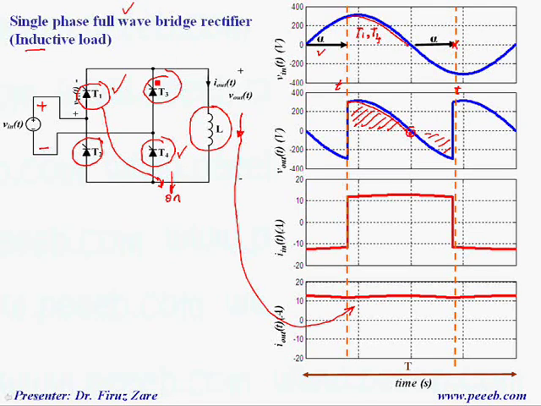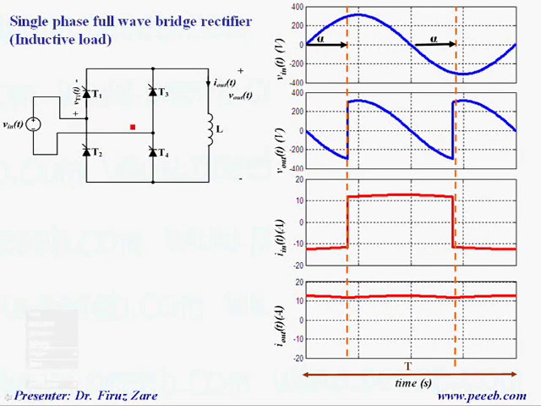But once we apply a gate signal to these thyristors, we turn off this thyristor and this thyristor. Why? The reason is that we provide negative voltage across these thyristors. For example, when the input voltage is negative over this cycle, when we apply the gate signal at this firing angle, we turn on this thyristor and turn on this thyristor.